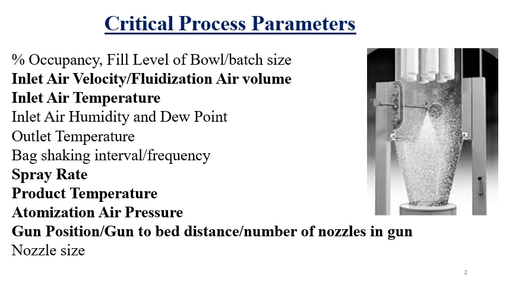So optimum batch size should be selected. Inlet air velocity, fluidization, air volume: considering the batch size, this factor is varied. Inlet air or fluidization air volume affects the fluidization, and due to fluidization the granulation process is affected.